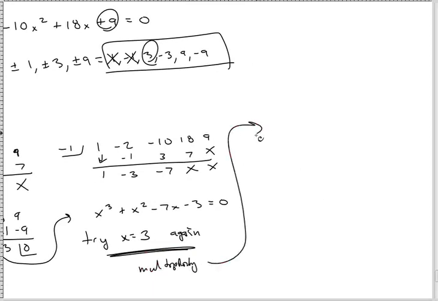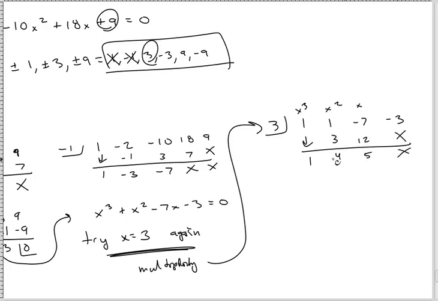So you never know. Let's just try it. So 3 again, but with the new numbers. And so that's 1, again, x cubed, 1x squared, -7x, and then minus the 3. So we got a 3, a 4, a 12, a 5, and that's not going to work. Okay, so we tried it.